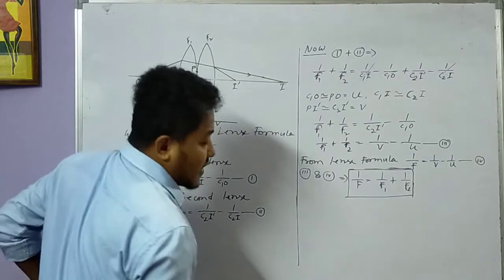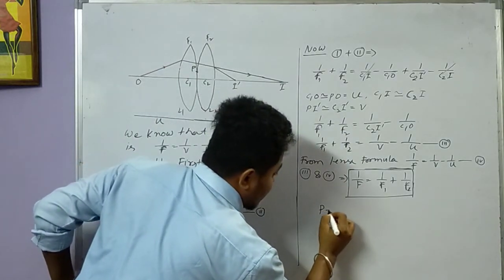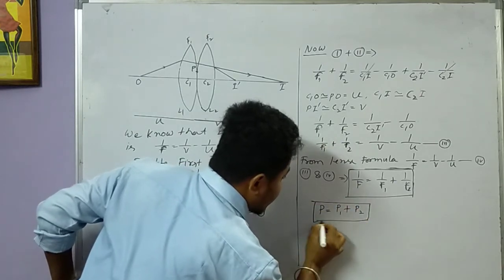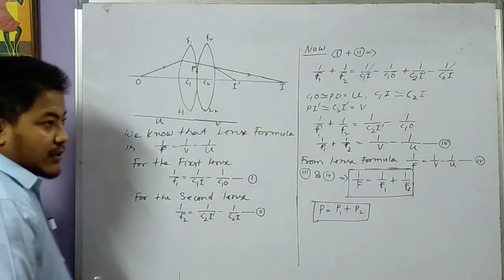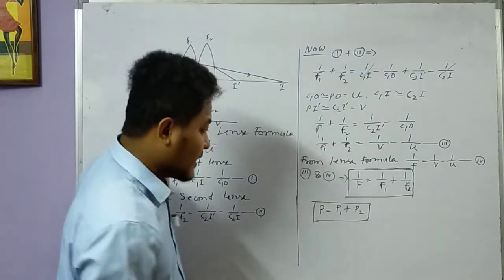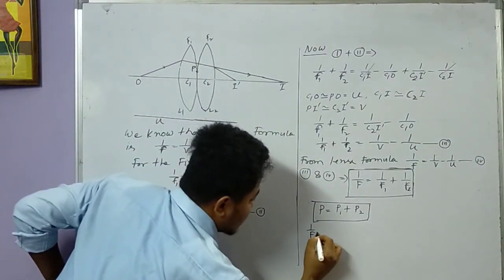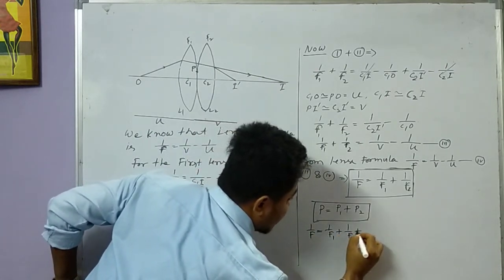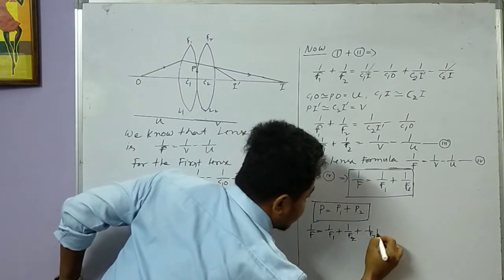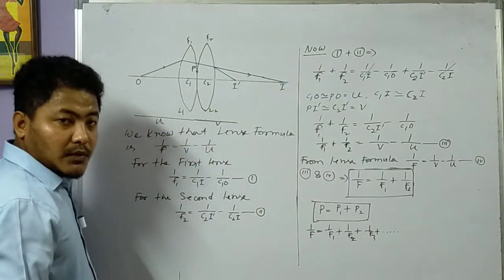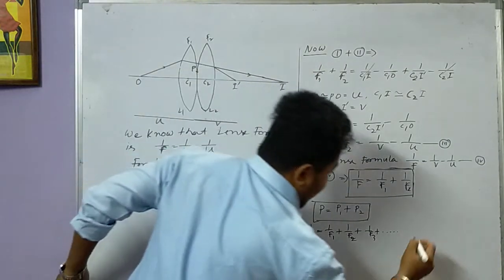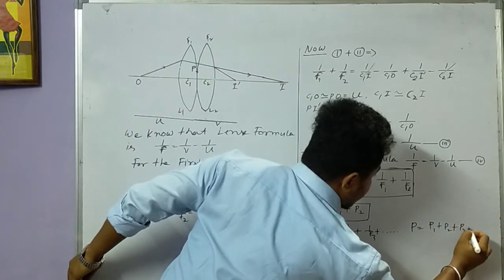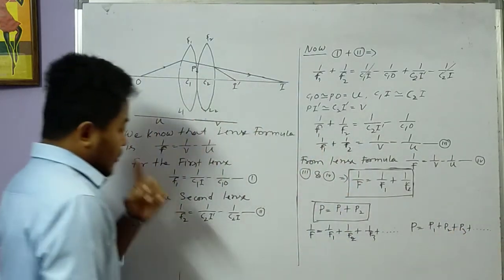And if I measure their power, the power will similarly be P is equal to P1 plus P2. But remember, this is for only two lenses. If you consider many lenses, then 1 by f is equal to 1 by f1 plus 1 by f2 plus 1 by f3 and so on, and the power will be P is equal to P1 plus P2 plus P3 and so on.